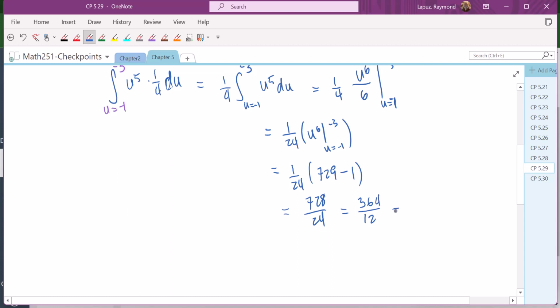We could do it one more time, divide out a 2, and this would be 182. One more. Looks like we could have divided by 8, and this would be 91. Okay, all right, that's it.